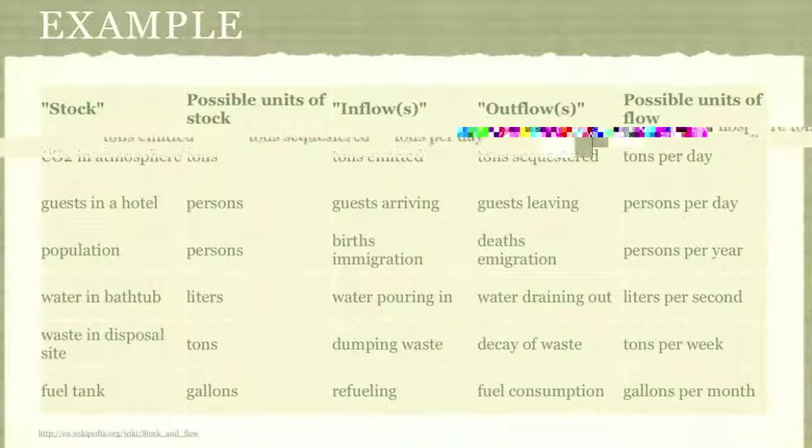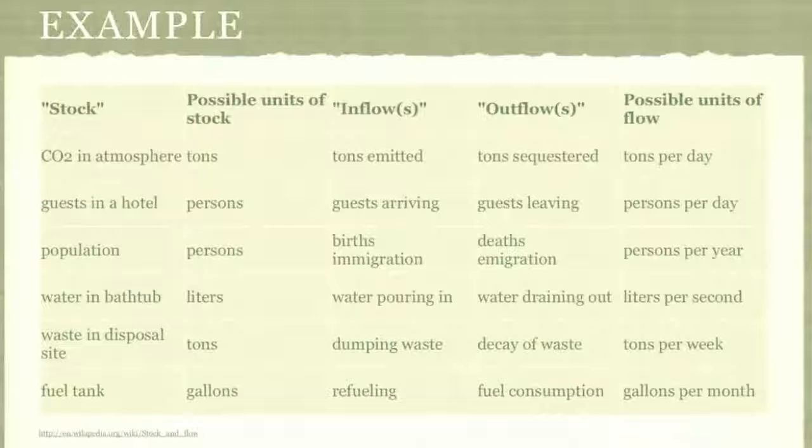Some of them are related to city already. So this is one of the tables taken from Wikipedia, which is very low on information on this interesting topic, but it's growing quickly now. So you look at the stock, for example, would be the CO2 in the atmosphere. The possible units of the stock, how you measure them, is tons. And the inflow would be tons emitted, let's say from our cities, going into the atmosphere.